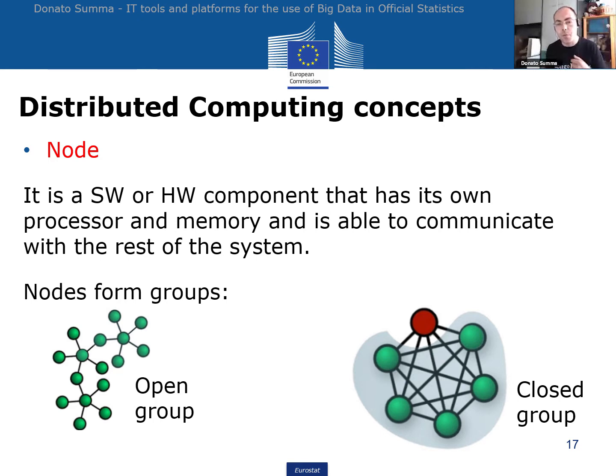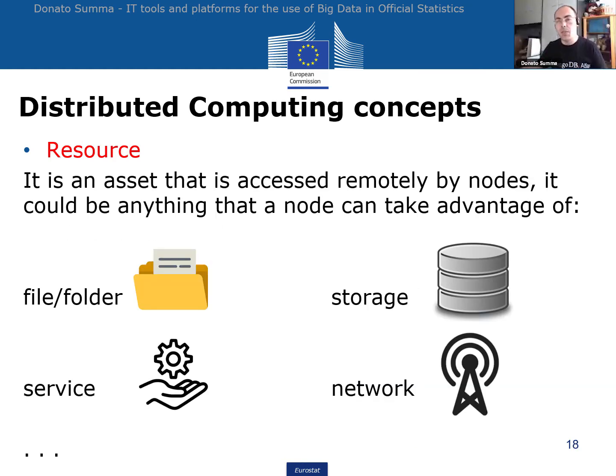Nodes can form groups, and the groups can be divided into open groups, within which you can always add new nodes, and closed groups, within which the number of nodes is prefixed.